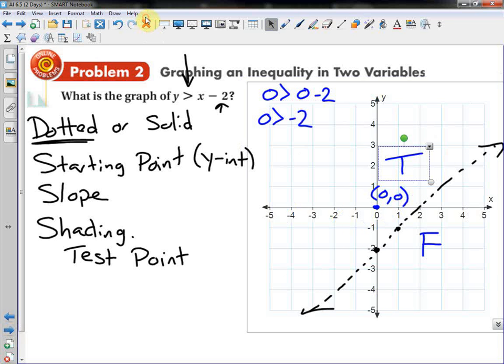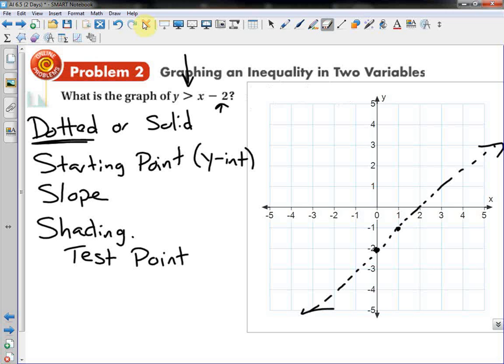Now, that's using the test point, which is kind of the way the book teaches. It's kind of a standard way to do it, but what I've noticed is that most people can do this intuitively, okay? So I think about either shading above the line, or below. Now if I think about this as inequalities, would it make sense that above the line is a greater than sign or a less than sign?